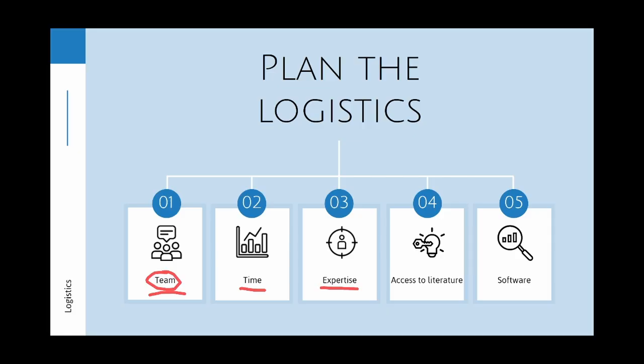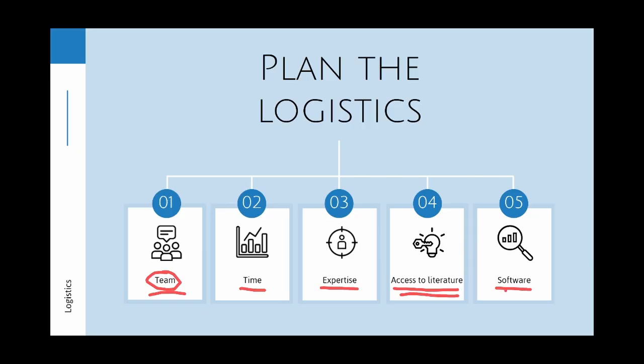And the other things of the logistics are access to literature and software. Access to literature means not only access to, for example, Medline, Scopus, Web of Science. It also means having full text articles, especially for the articles that you want to include.